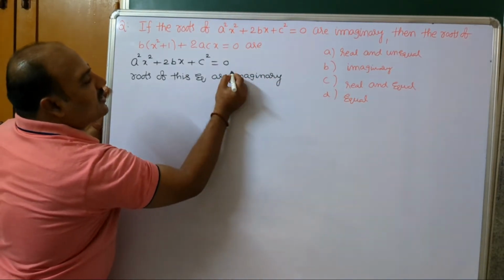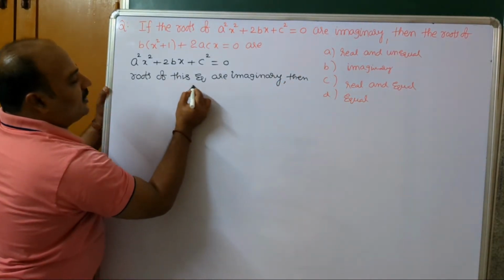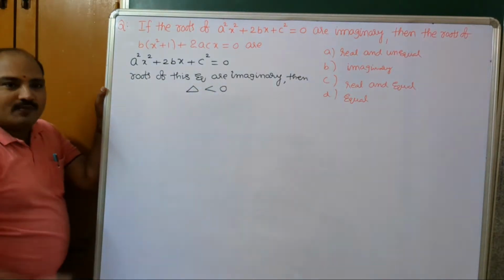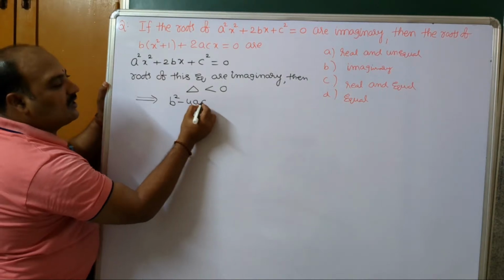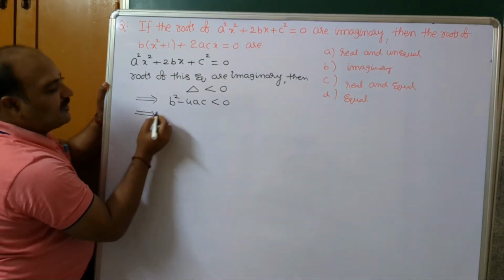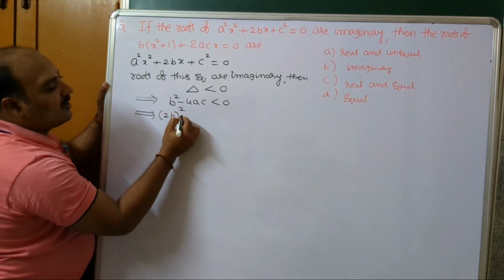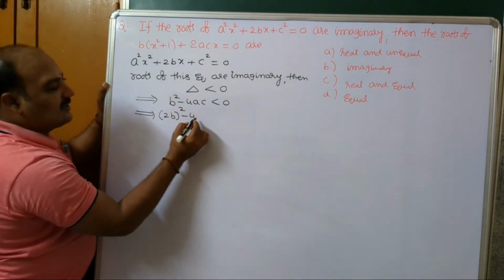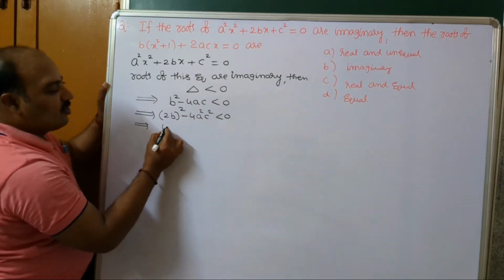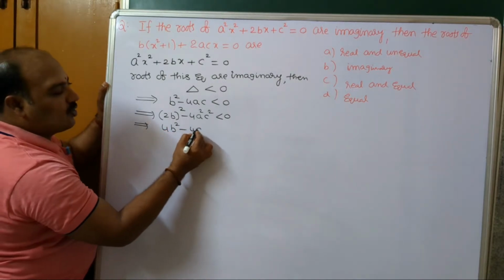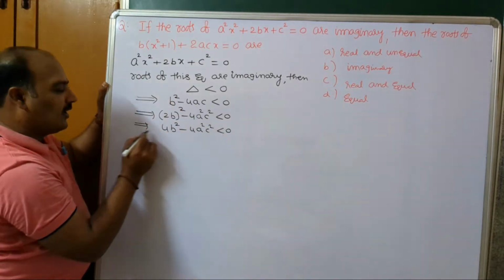Whenever the roots are imaginary, then delta is less than 0. That implies b square minus 4ac is less than 0. What is b in this? b is equal to 2b. So (2b) whole square minus 4 into a value, a square, c value, c square. That implies 4b square minus 4a square c square is less than 0. 4 take common and bring that side.